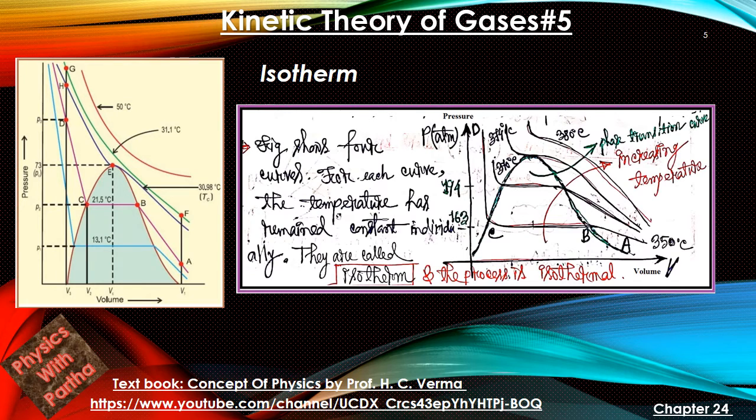For one curve, temperature remains constant, and we are observing the relationship between pressure and volume. So over a curve, if temperature remains constant, it is called an isotherm. In this figure, for each curve the temperature has remained constant, which is why they are isotherms, and the process over this curve is called an isothermal process.